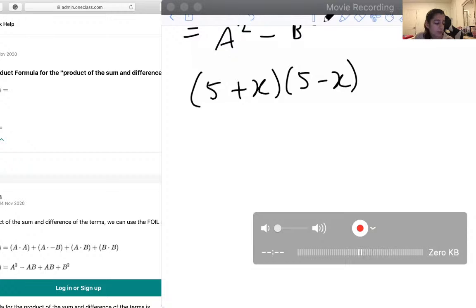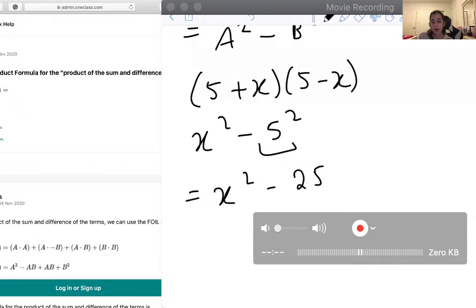So x squared minus b, which is 5 squared. We can simplify this into x squared minus 25, and that will be our answer.